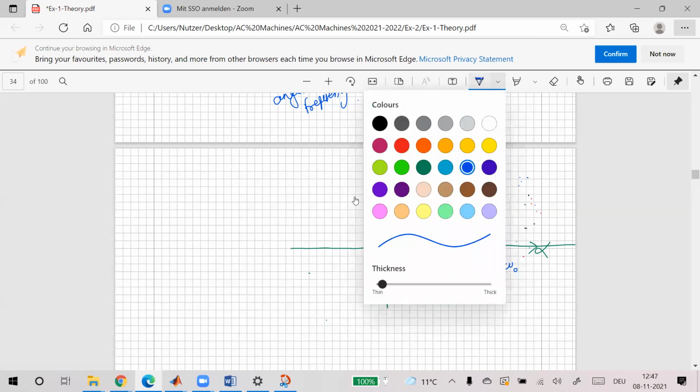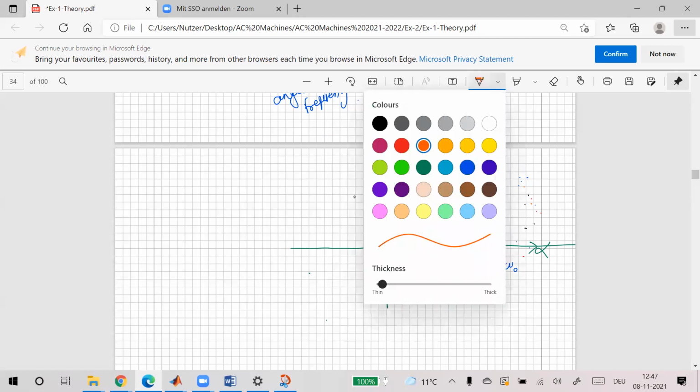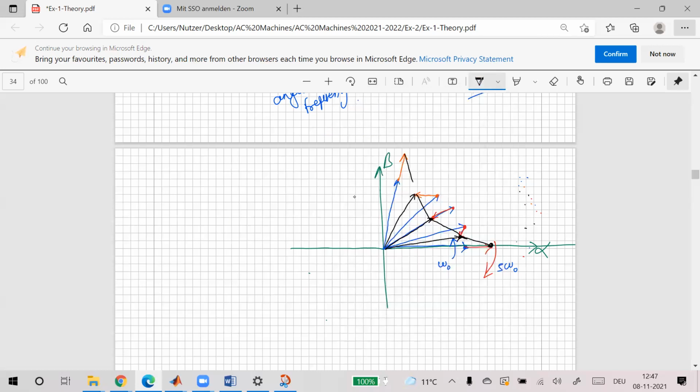After some time it will be again in phase, and then you will see the maximum magnitude. But the phase angle difference I have drawn is for sure not to scale, because I wanted to show you some graphs in between.